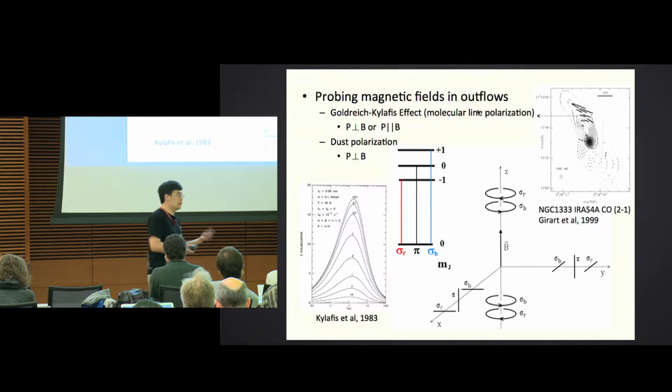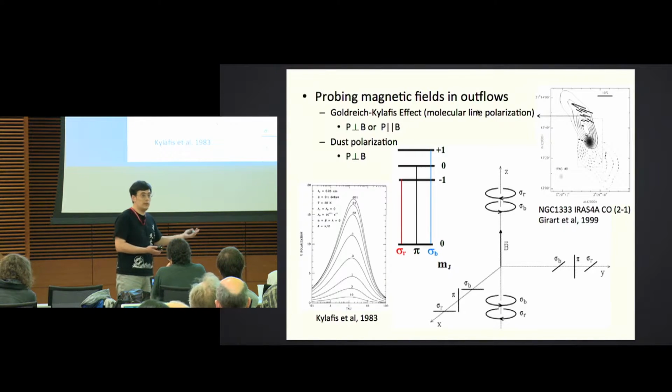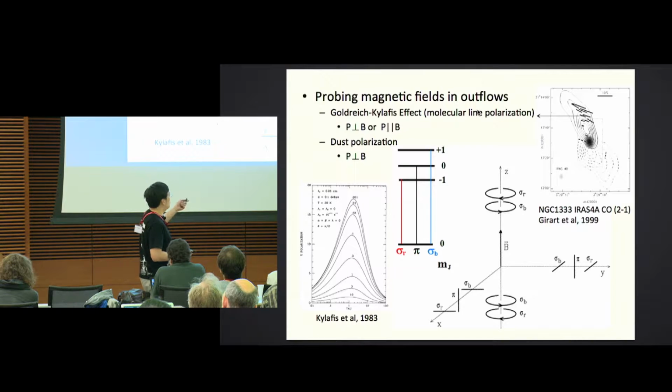In order to solve this ambiguity about the orientation between molecular line polarization and magnetic field, we can get help from dust polarization or theoretical modeling, which I will talk about later.